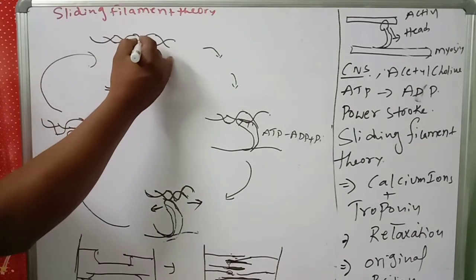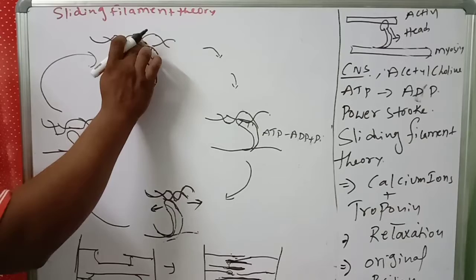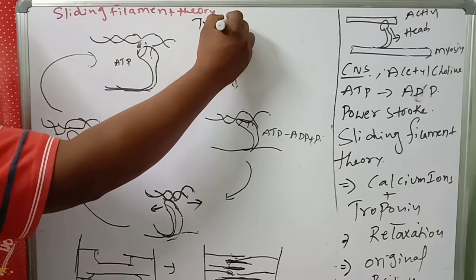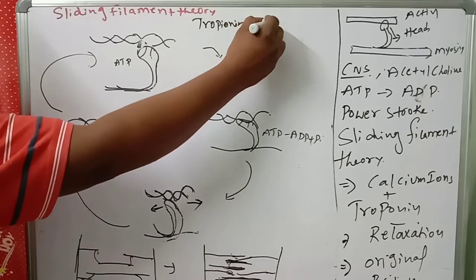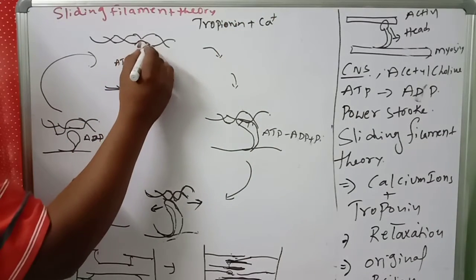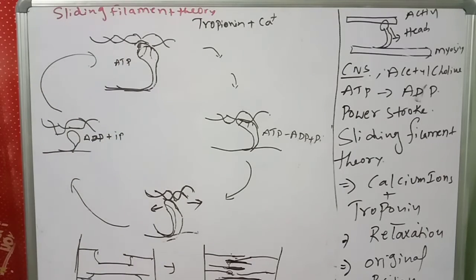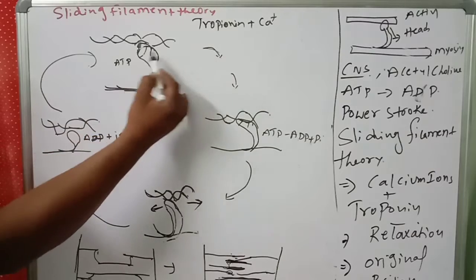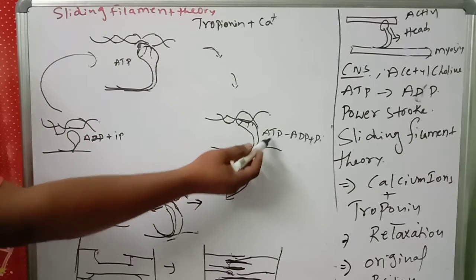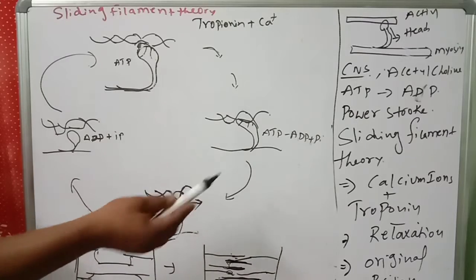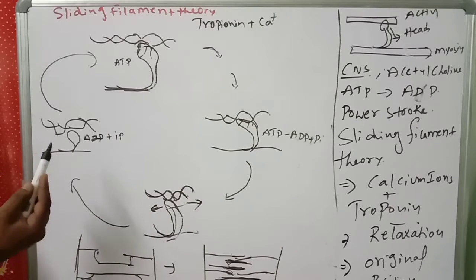Here one contractile protein is there, troponin. This troponin goes and binds with calcium. Then this site will be free, and the myosin head will go and bind here. So ATP converts into ADP, then bending takes place. It takes place repeatedly until maximum contraction.